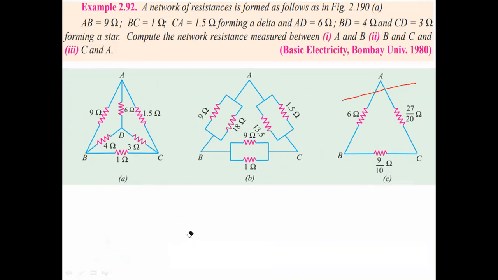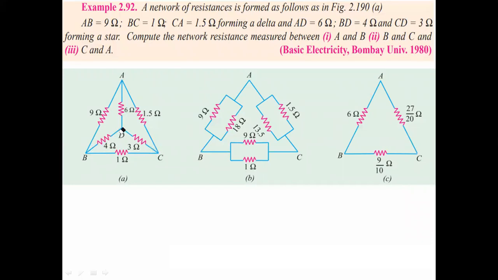See here, this is the problem of star to delta, conversion of star to delta. In this case, the external is the delta, and inside it is a star, 6, 4, 3. This is the formation of the star network.